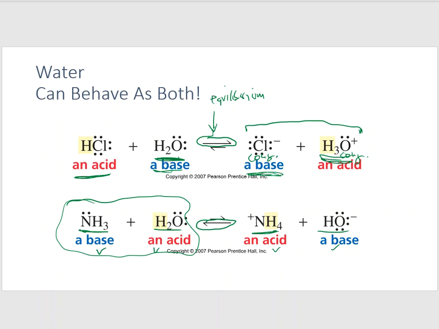So if this equation does flip-flop back and forth as much as it can, over here to the left-hand side, those reagents will be preferred and they will show up most of the time. So we do get a little bit of product, but those products, if they get formed, revert pretty quickly and they give us ammonia and water all over again.